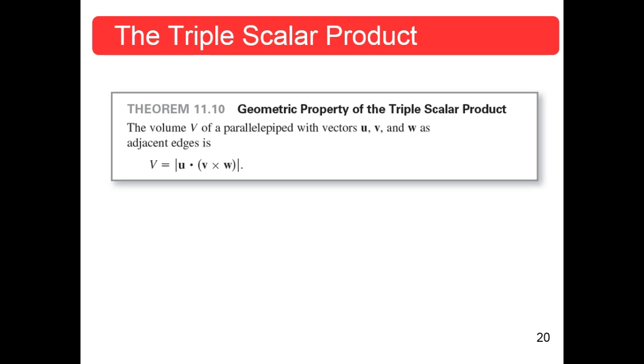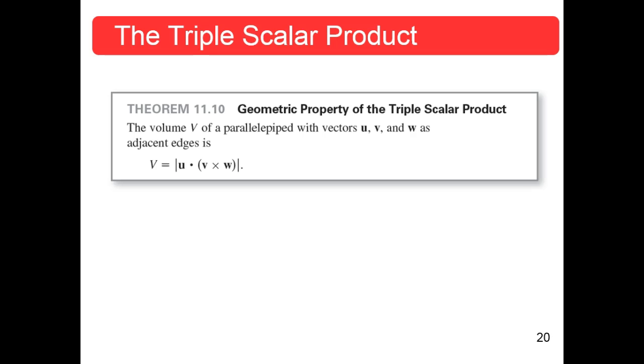So here's the theorem that allows this, the geometric property of the triple scalar product. The volume V of a parallelepiped with vectors U, V, and W as its adjacent edges is the absolute value of the dot product of U with the cross product of V cross W. Like I just said, it doesn't matter what order you do because you're taking an absolute value of it.